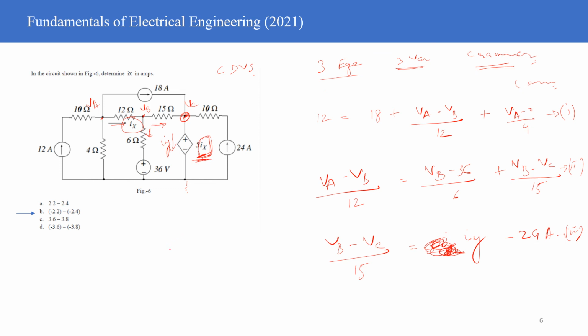The potential at C is nothing but 5 times Ix. That's given to you. But what is now Ix? Ix is nothing but VA minus VB divided by 12. This is your Ix from this particular circuit. So you have now the fourth equation with you.